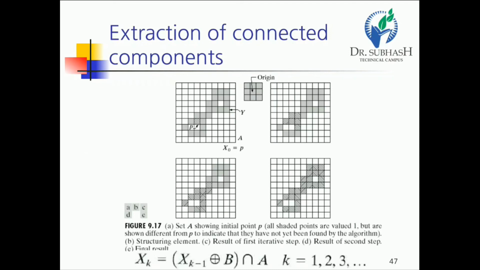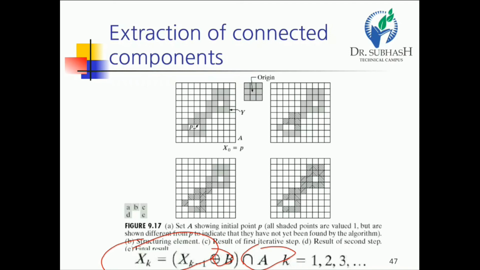Now the extraction of connected components. This is the function X_k for the extraction of all the components. We take X_{k-1} dilated with B, and the result intersects with A, where k is 1, 2, 3.